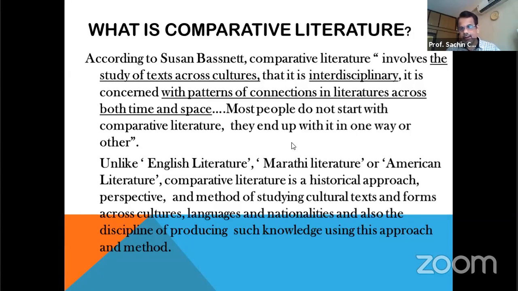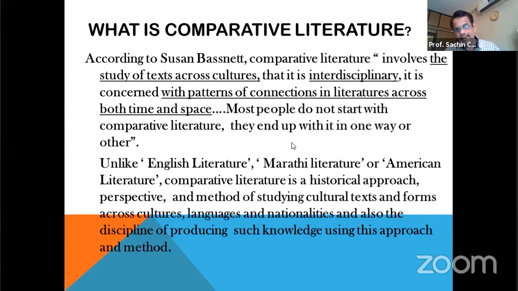So this is a rough and very useful way to understand what comparative literature is all about. So it's a method, at the same time it's a knowledge that is produced by the method. Like science is both a method as well as a knowledge that science produces. So it is both methodology and approach, as well as a body of knowledge that is produced by it.